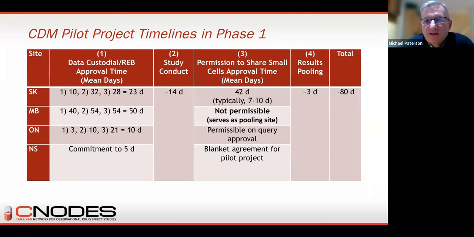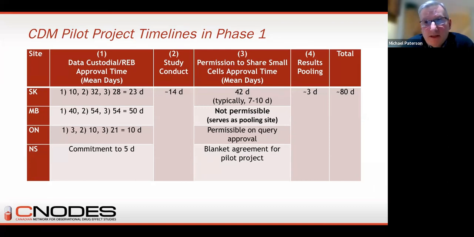The Ontario site served as the essential pre-pilot site in the sense that we populated the SAS programs with the input files that we needed and ran them, tested them in Ontario, and then distributed those to our other 3 sites. And then over the course of 2 weeks or so, those were run.